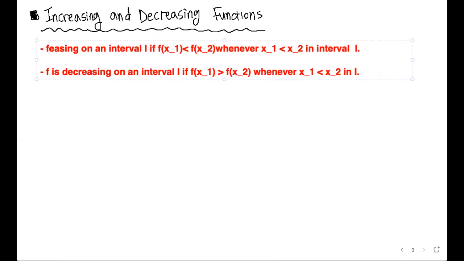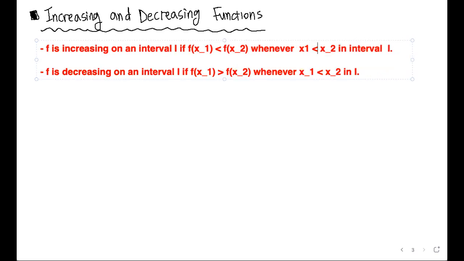So here the function f is increasing on the interval I if f of x1 is less than f of x2 whenever x1 is less than x2.